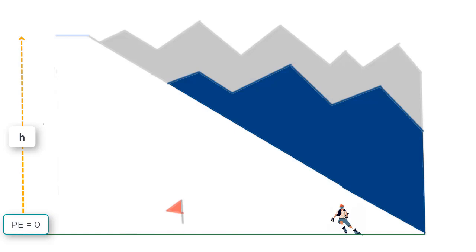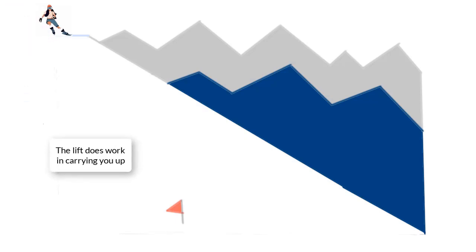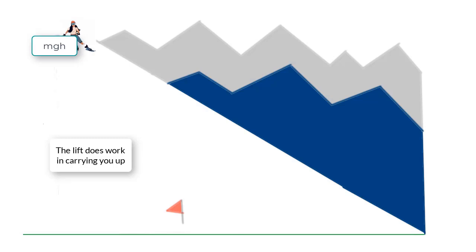Then, if you wish to continue skiing, you have to be carried up to the top of the hill by some external force. Well, this could be a lift that takes you up to the top of the hill against the force of gravity and therefore does work in carrying you up. Then once you are on the top of the hill, you again have the gravitational potential energy to slide down.